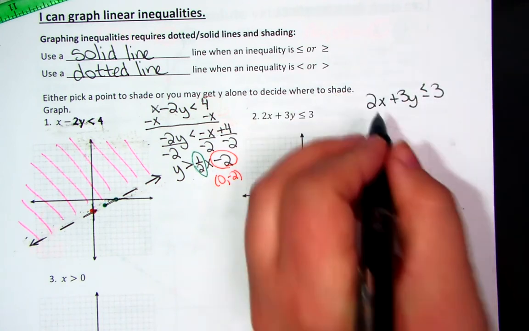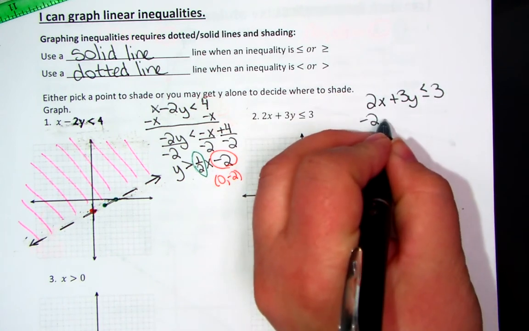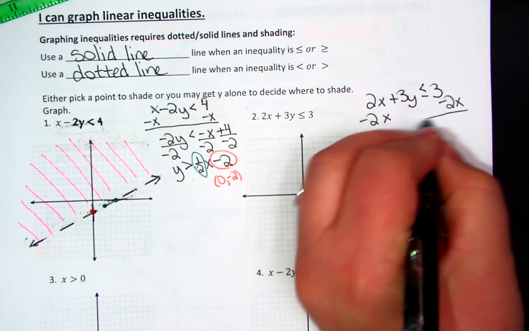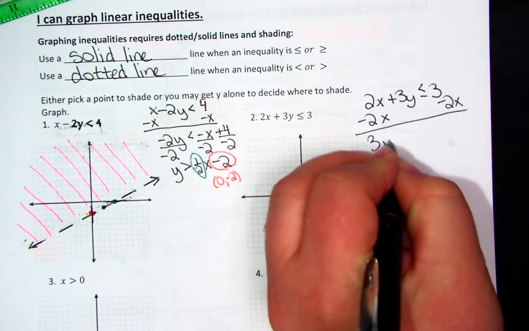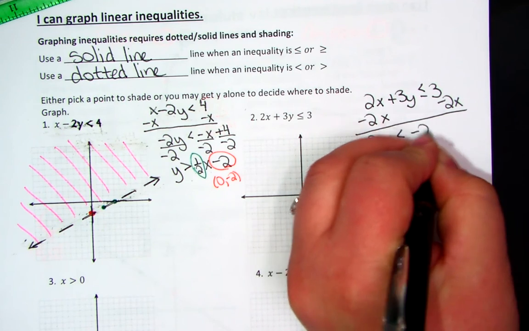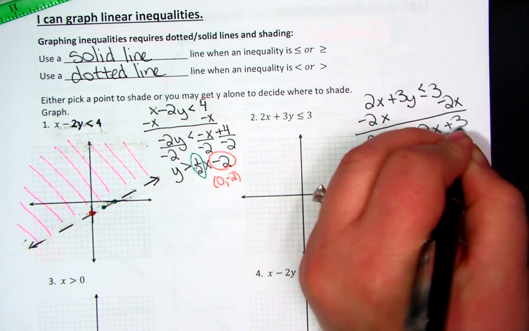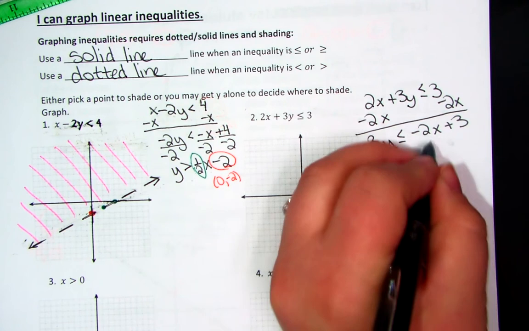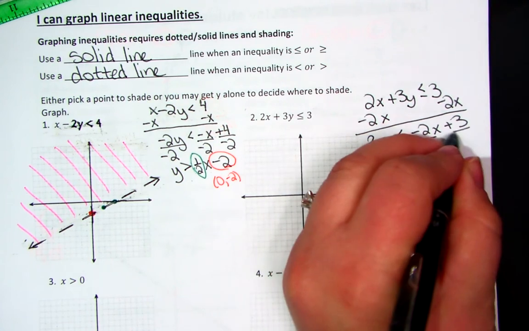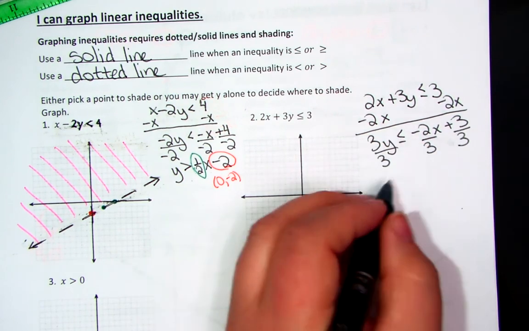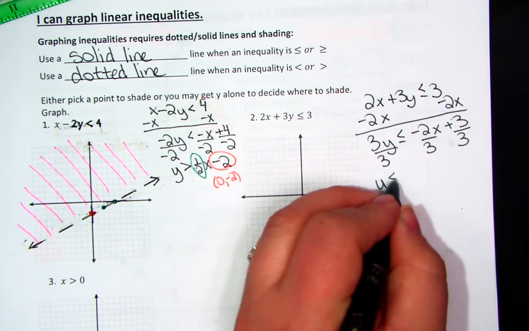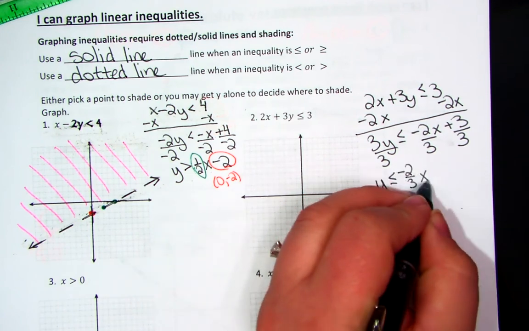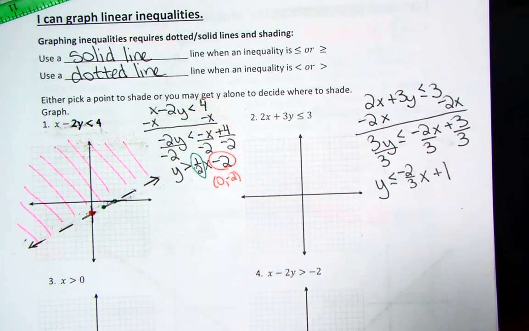We'll need to subtract 2X from both sides. 3Y is less than or equal to negative 2X plus 3. Divide by 3 all the way across. So Y is less than or equal to negative 2/3 X plus 1.